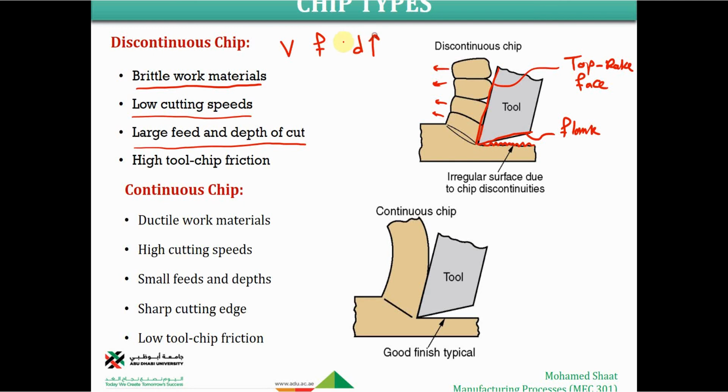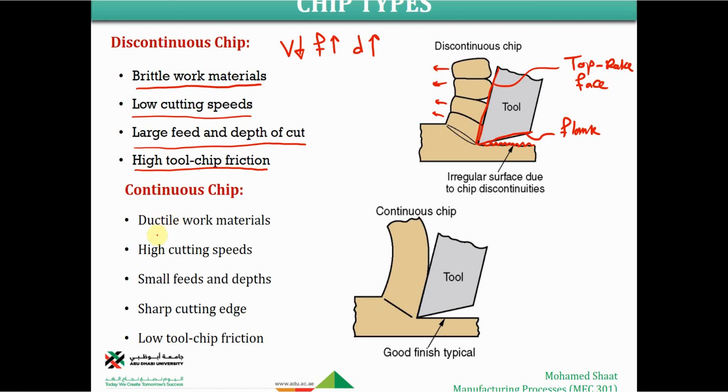So if we are increasing these two and decreasing the cutting speed, the produced surface will be rough, and the chip will be discontinuous, especially if the workpiece is brittle material. Okay, high tool-chip friction, and this will result in very high friction between the tool and the chip and the workpiece, and that's why we have to use a cutting fluid for this one, and it is not recommended.